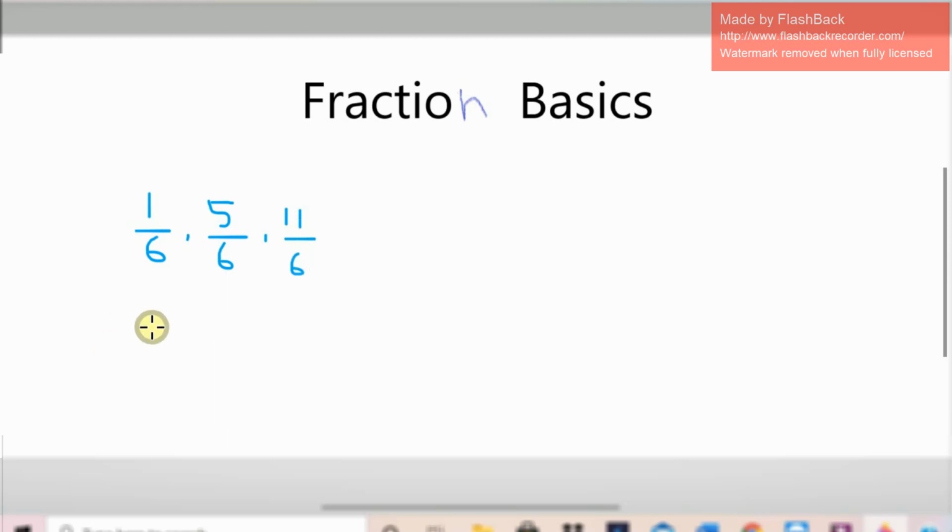Same for unlike, dissimilar fractions, means we have different denominators.